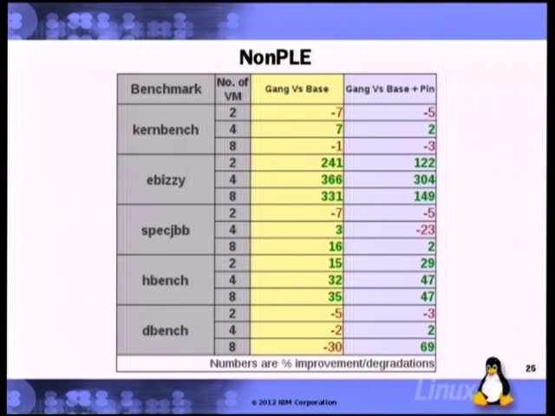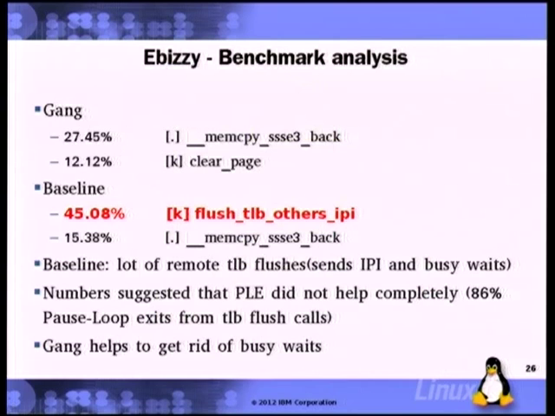I would take up a couple of benchmark analyses that we did to show a few things. For Ebizzy, we got some performance numbers from within the VM. In the baseline case, there is a function called flush TLB others IPI.